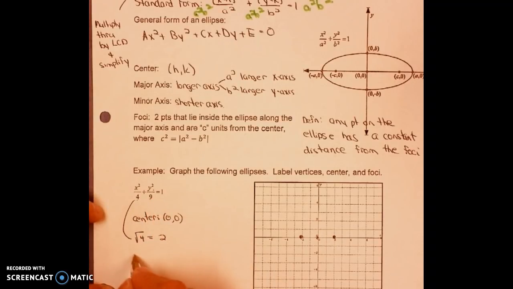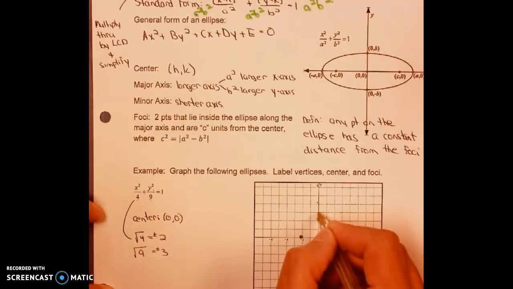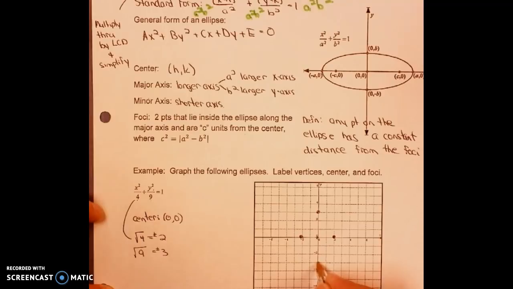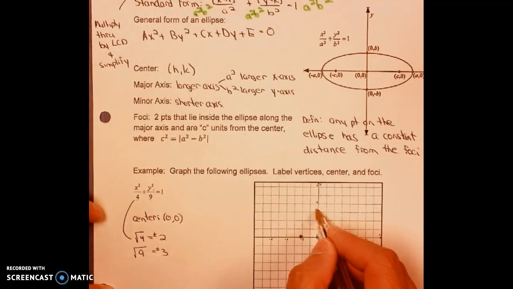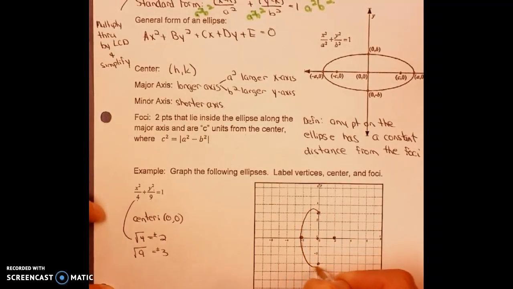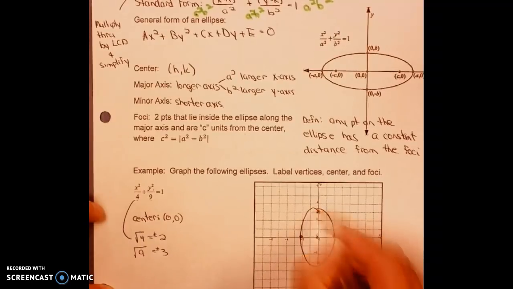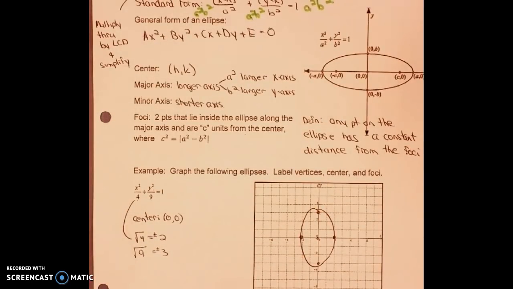If I take a look at 9, same thing. The square root of 9 is plus or minus 3. I'm going to go up 3 units, down 3 units, and then finally I can sketch in my ellipse. So my center is at 0, 0.